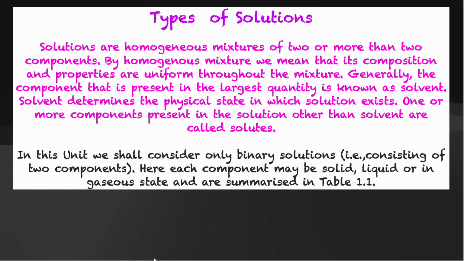And also, solvent determines the physical state in which solution exists. This is a point to be noted, because we might not have known this before. So giving it a quick glance is important, because we'll be understanding this point through the examples stated in the next table, right?